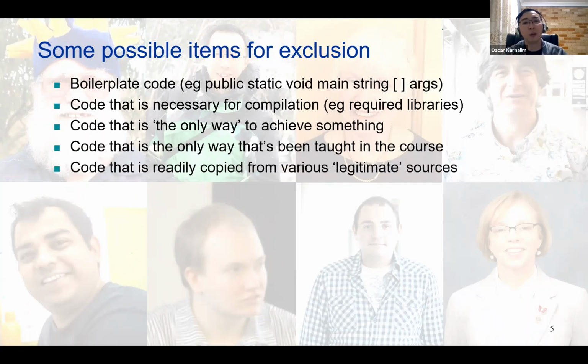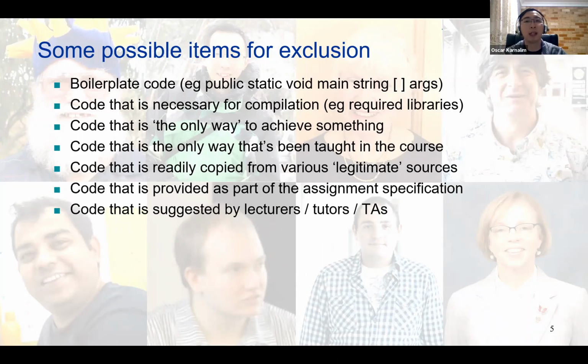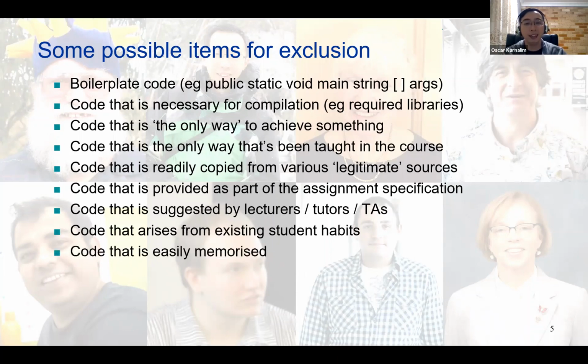Code that is readily copied from various legitimate sources. Code that is provided as part of the assignment specification. Code that is suggested by the lecturers, tutors, or even teaching assistants. Code that arises from existing student habits. Code that is easily memorized. And code that is generated by IDE wizards.